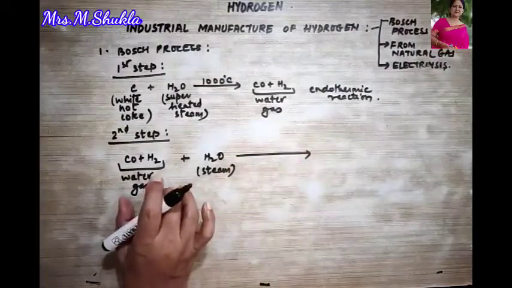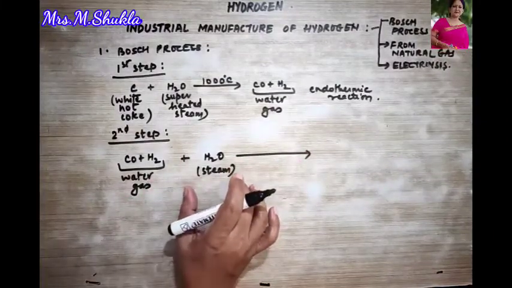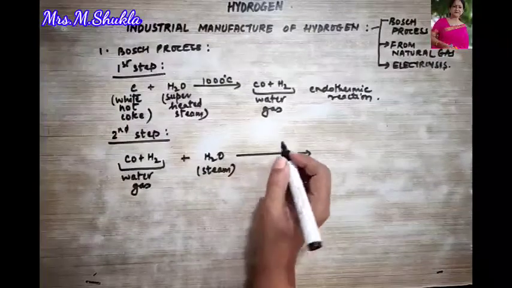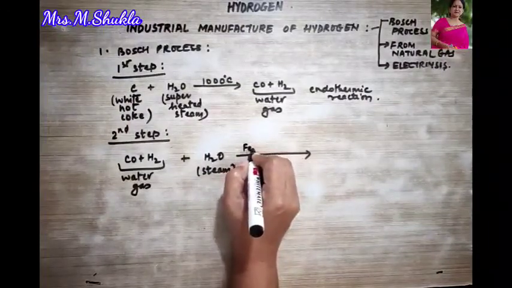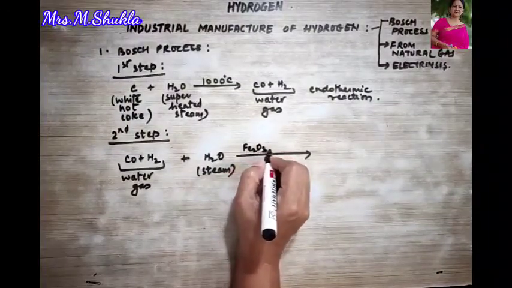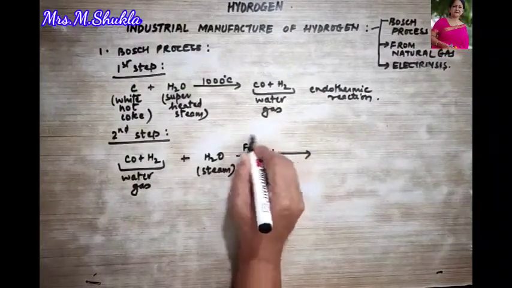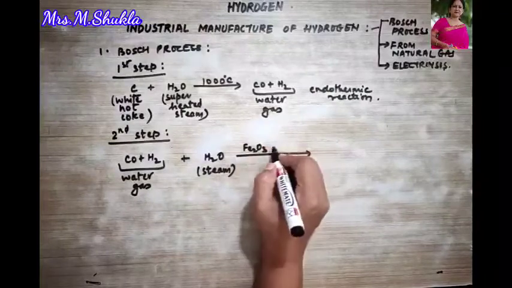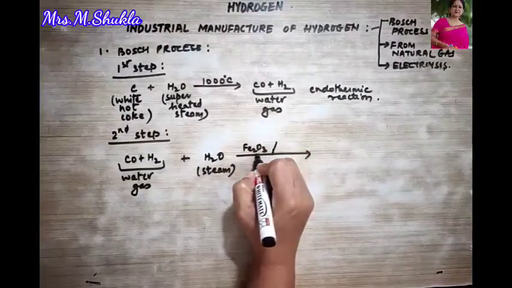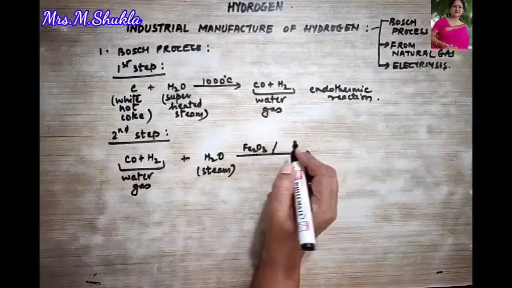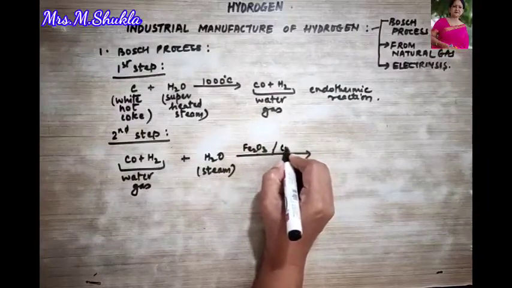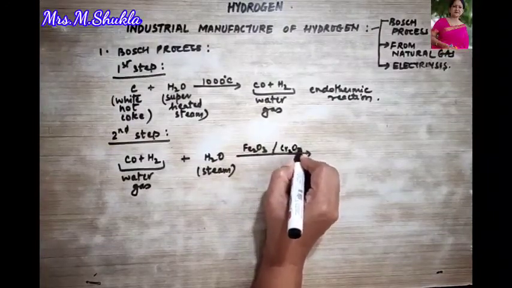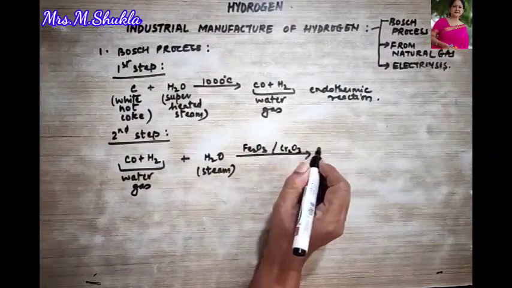So when this water gas mixed with excess of steam is passed over heated ferric oxide, this ferric oxide acts as a catalyst, right? And since this is a catalyst, you also need a promoter, as I told you. The promoter used over here is Cr2O3, chromic oxide, right?